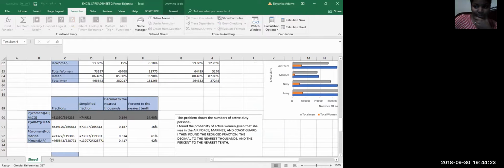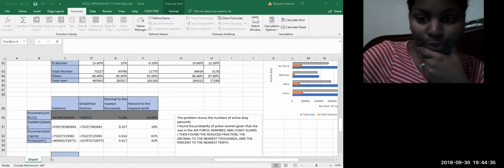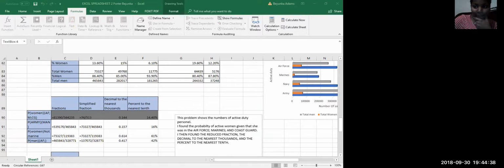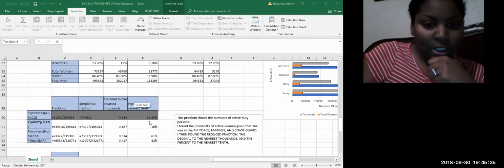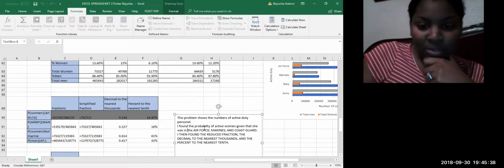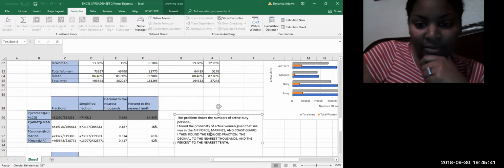Then I found the probability of active women given that she was in the Air Force, Marines, or the Coast Guard.